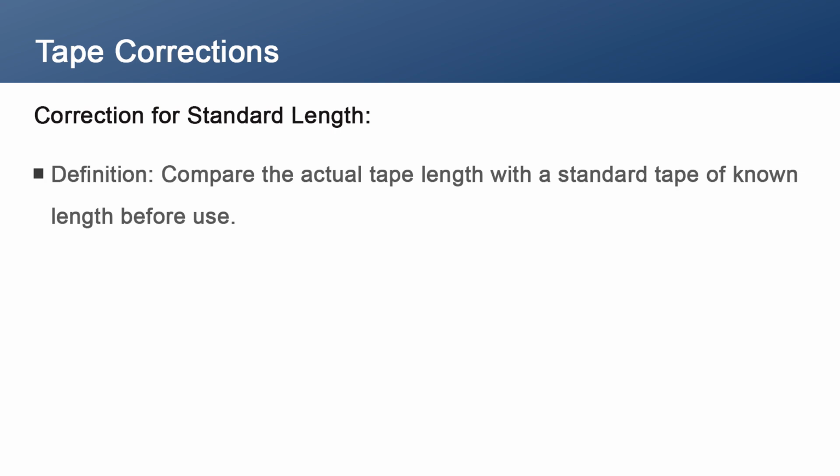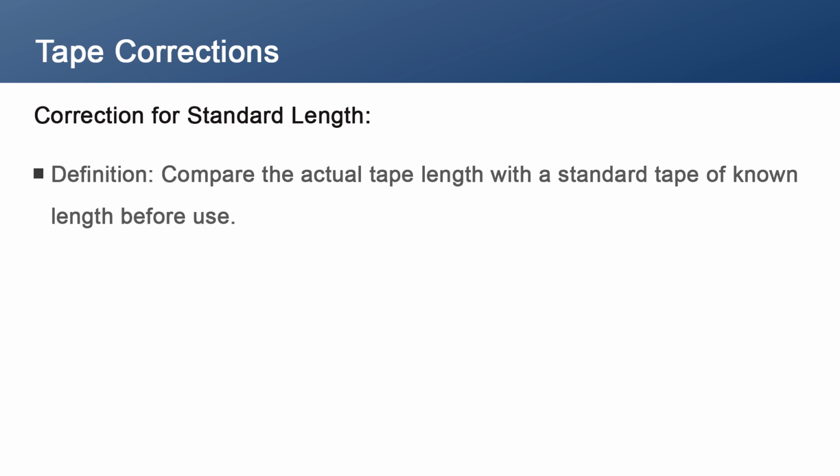Next, the correction of standard length. One big source of error comes from something called the correction of the standard length. Here is what that means. Before you even start using your tape, the actual length is ascertained by comparing it with the standard tape of known length.